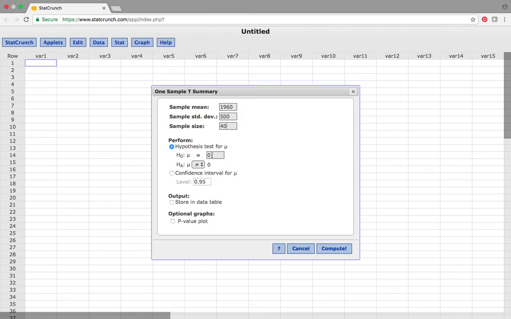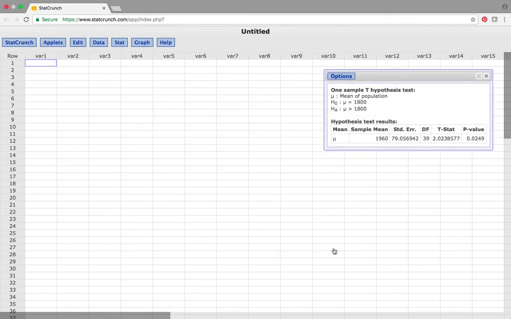Now I want mu equal to what's currently believed, that the rate is 1800, but they are concerned that it is rising. All right, hit compute. You can see that our test statistic is 2.02, and our p-value is 0.0249. All right, so I wrote that down over here.